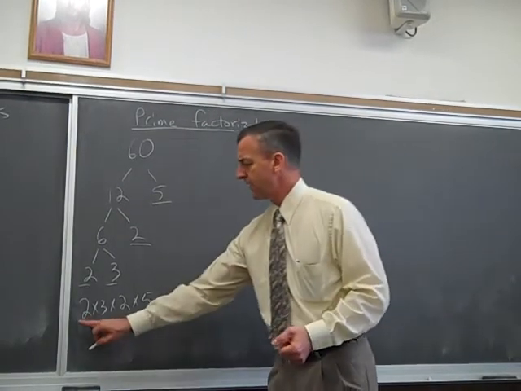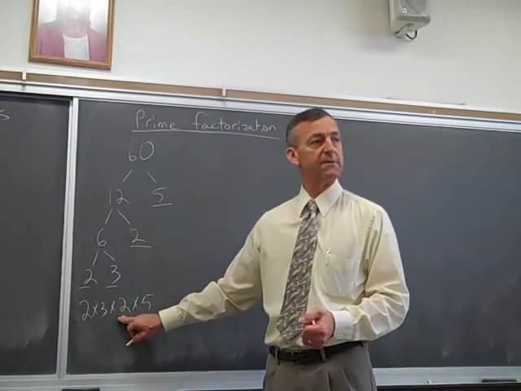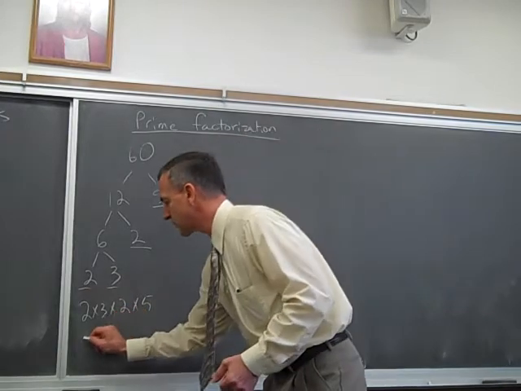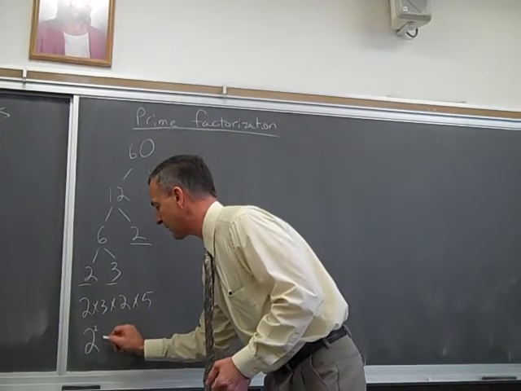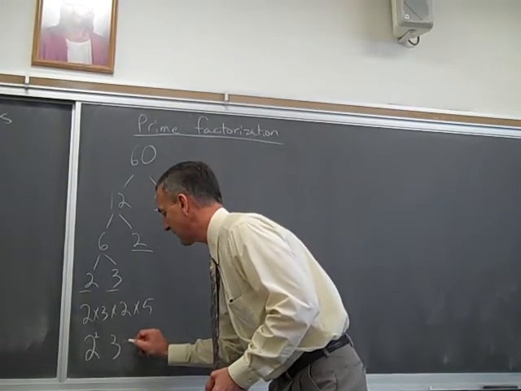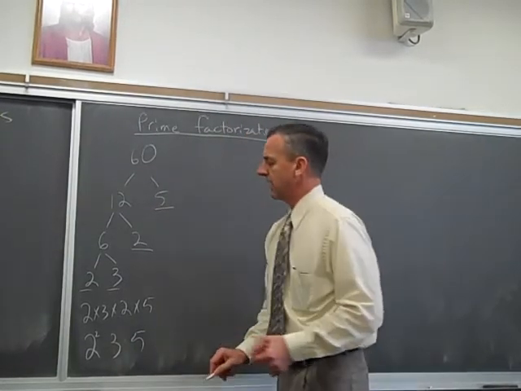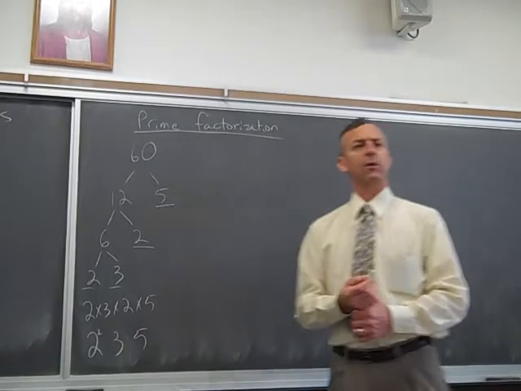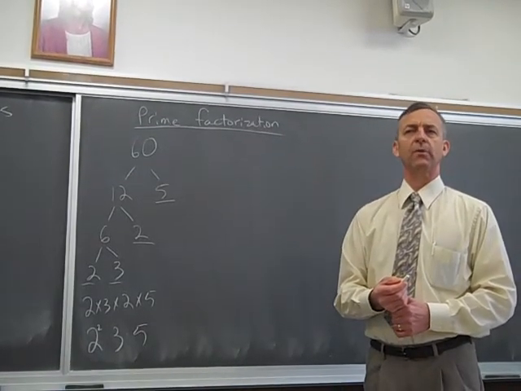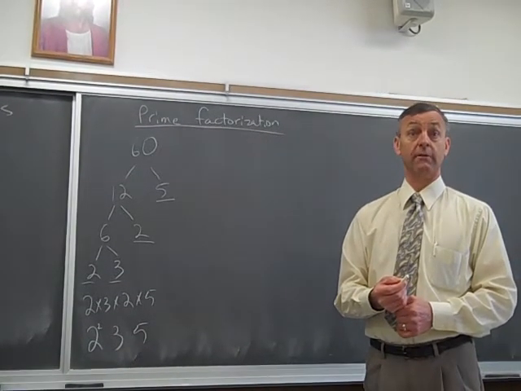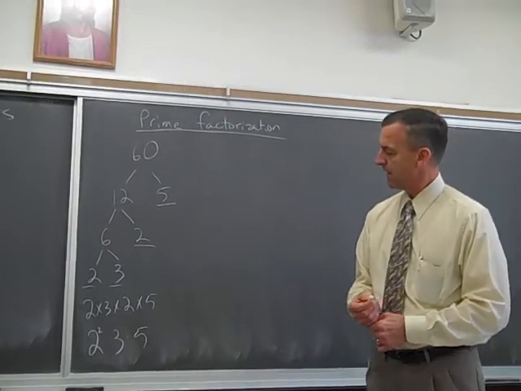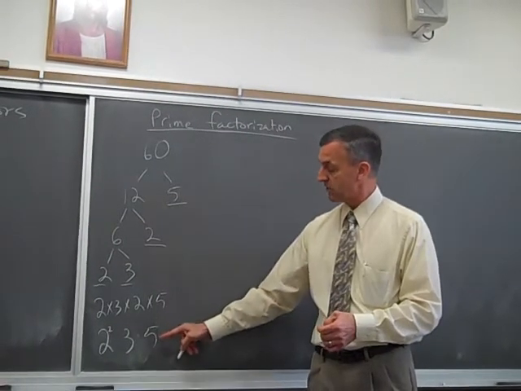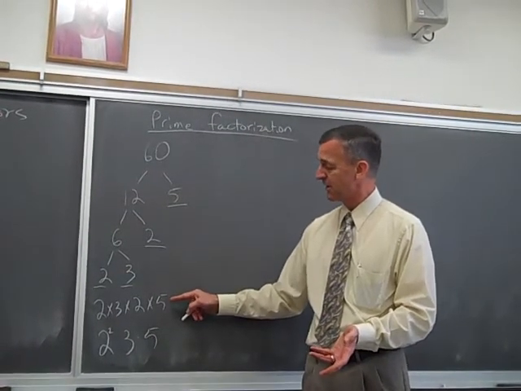I notice this 2 occurs as a factor twice, so I'll write it 2 squared times 3 times 5. I could put a 1 on the 3 and the 5, but everyone knows that if you don't write the exponent, it is understood to be 1, correct? This is the prime power factorization. This is the prime factorization.